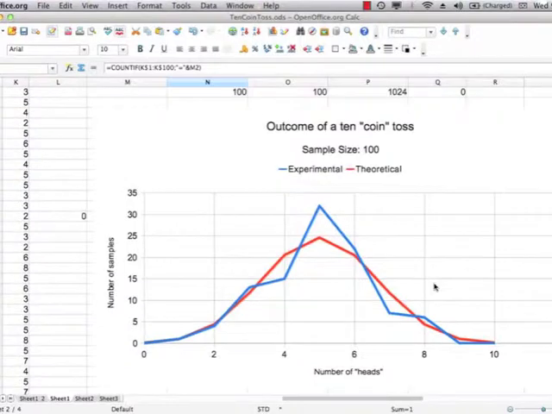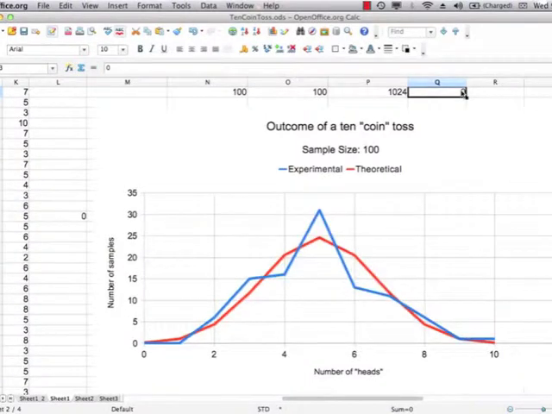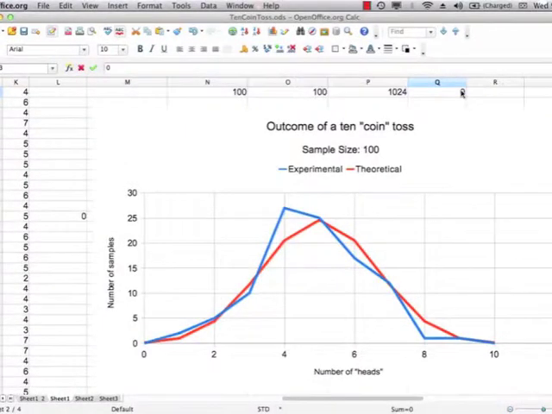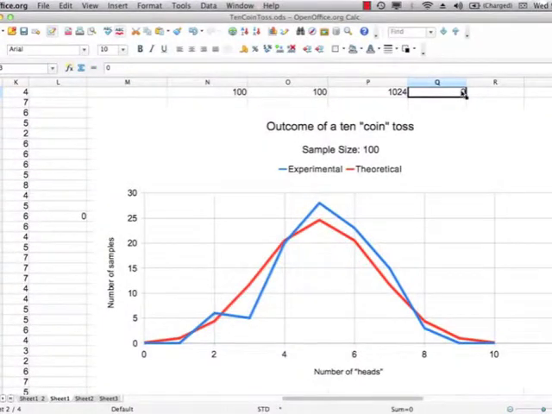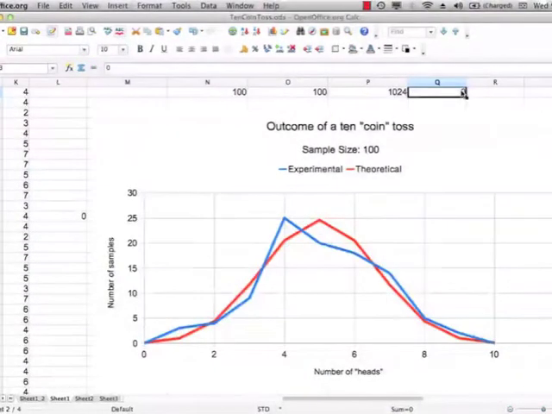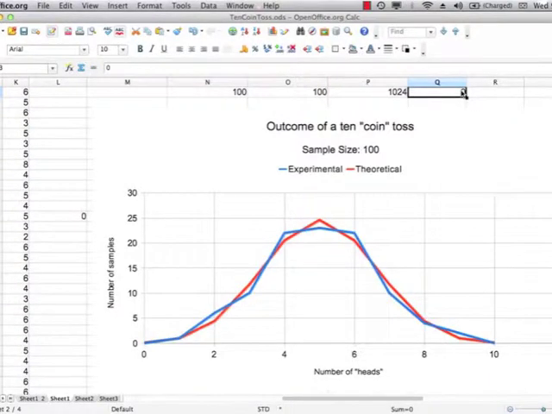So as I take repeated samples, you're going to see that the blue lines, which are the experimental, kind of look like the orange line.